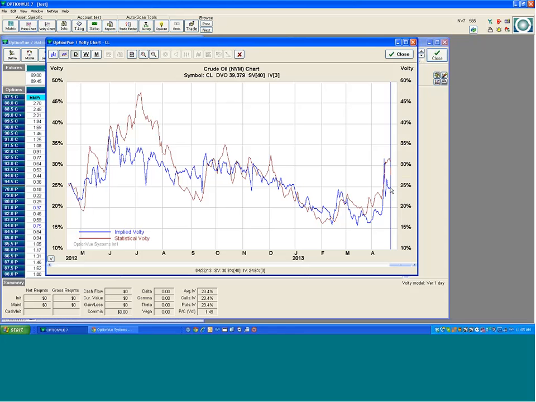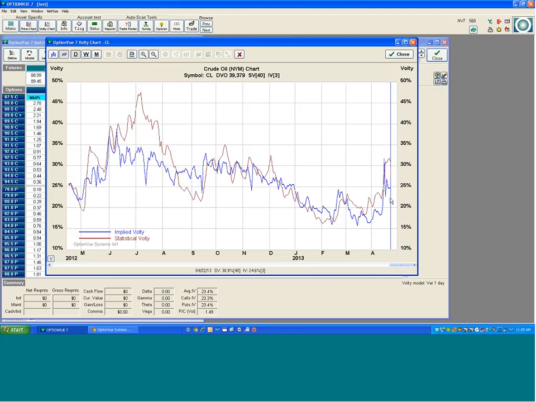Is the current implied volatility reading for crude oil, which is 24.6%, going to get higher? Is the blue line going to rise? Or is it going to go lower? Or is it pretty much going to stay the same?